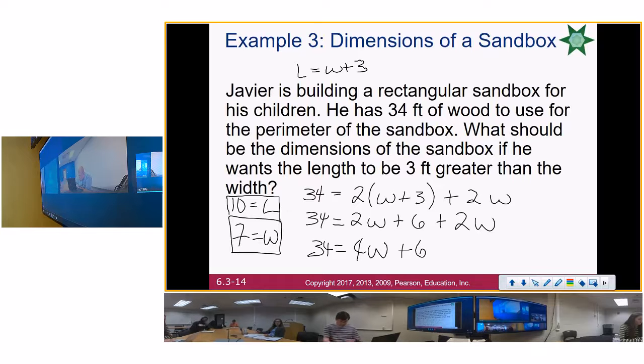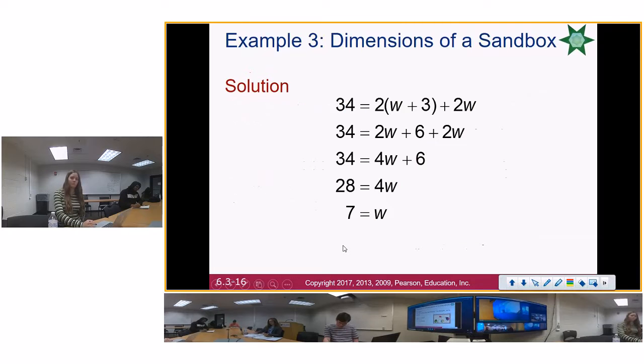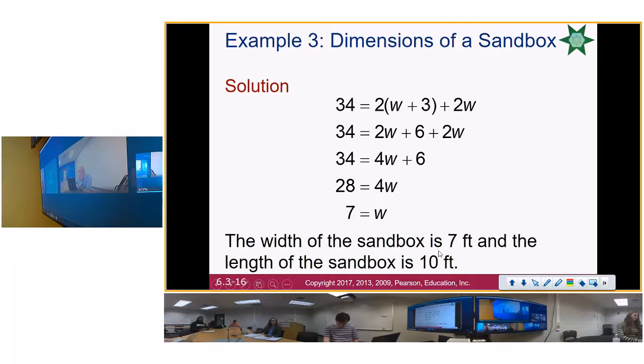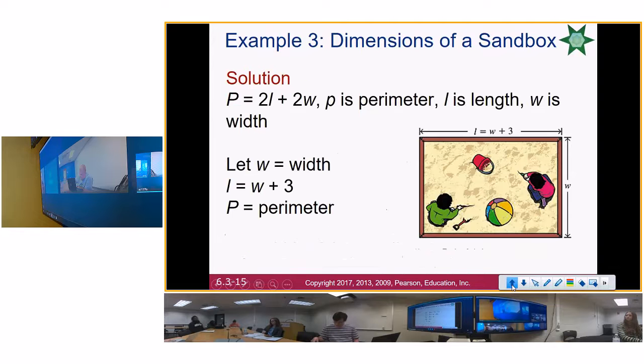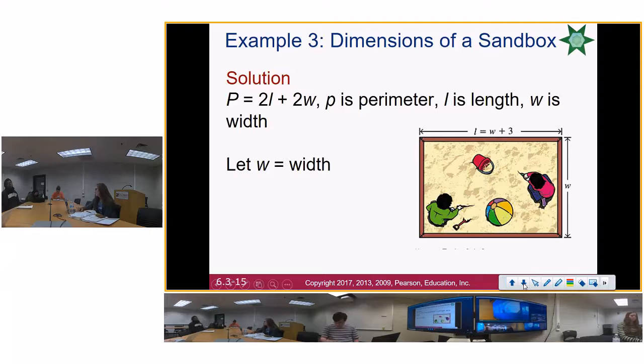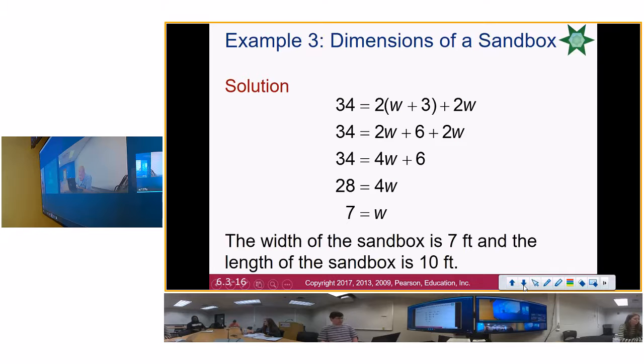That's another standardized test question. And you plug 7 back into your original equation, W plus 3.